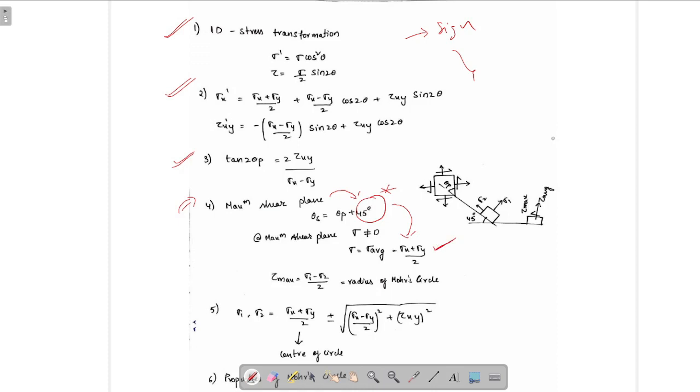And we have to know what the properties of Mohr circle are, and what the radius of Mohr circle is. And the other thing we have to remember, I forgot to say this: if theta is the angle at which we want to find the normal stress and shear stress, in case of Mohr circle we have to take 2 theta.